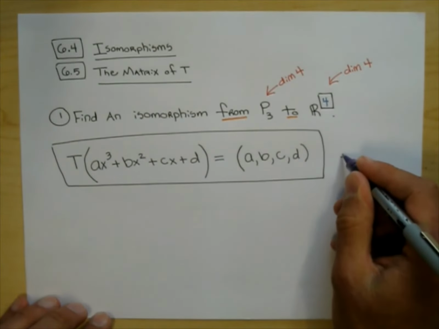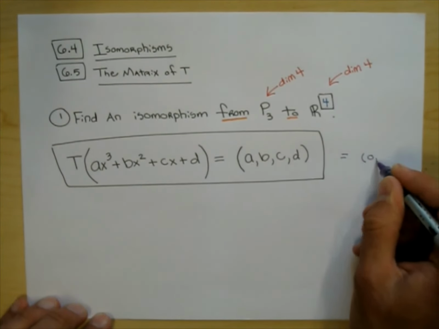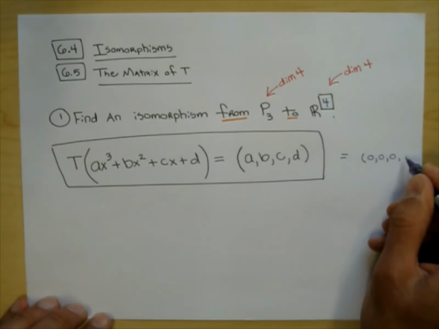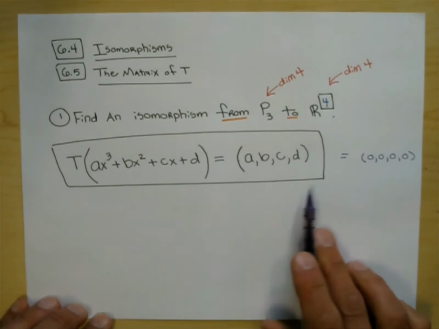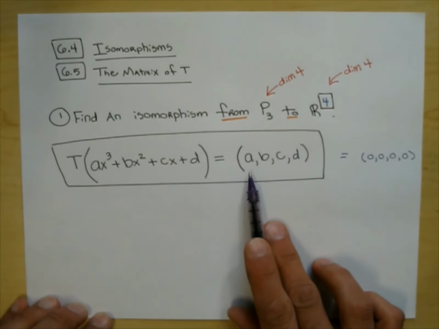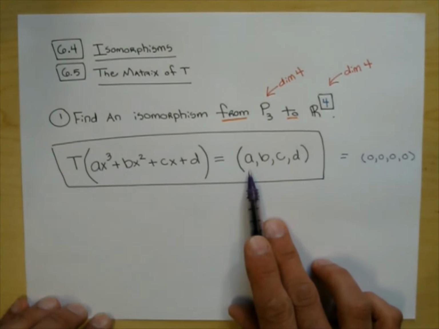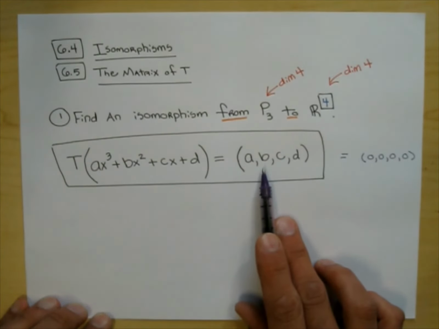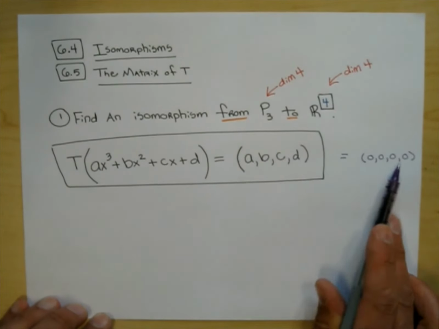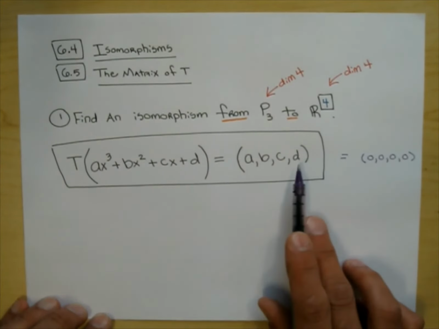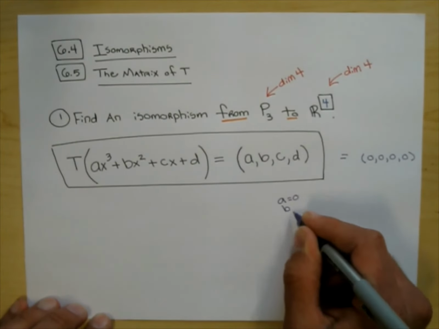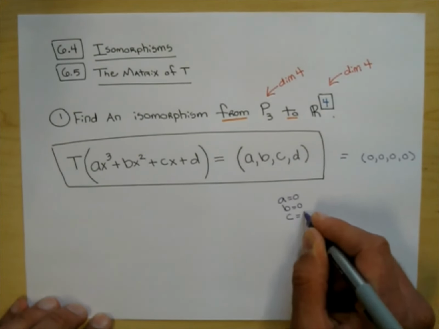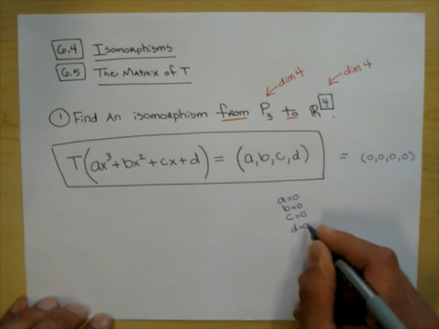I set it equal to the zero vector. And really, I don't have much writing to do, because look what happens. That would mean A is 0, B is 0, because look at that. C is 0, and D is 0. So I'll write that down. A is 0, B is 0, C is 0, D is 0.